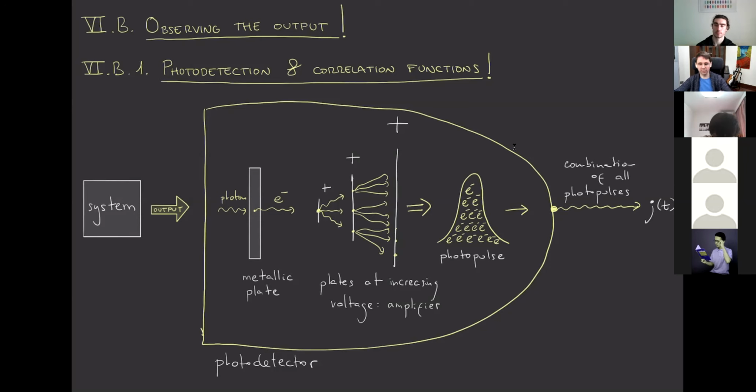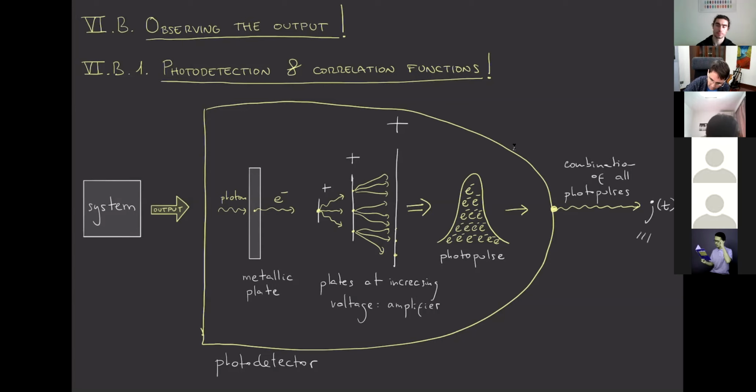So you are sending light into the metallic plate, the light has photons, and just randomly, according to the photoelectric effect and the probability laws of quantum mechanics, some electrons get released, and each of the electrons that get released creates a cascade that is a photopulse. And then all the combination of photopulses creates a macroscopic measurable current.